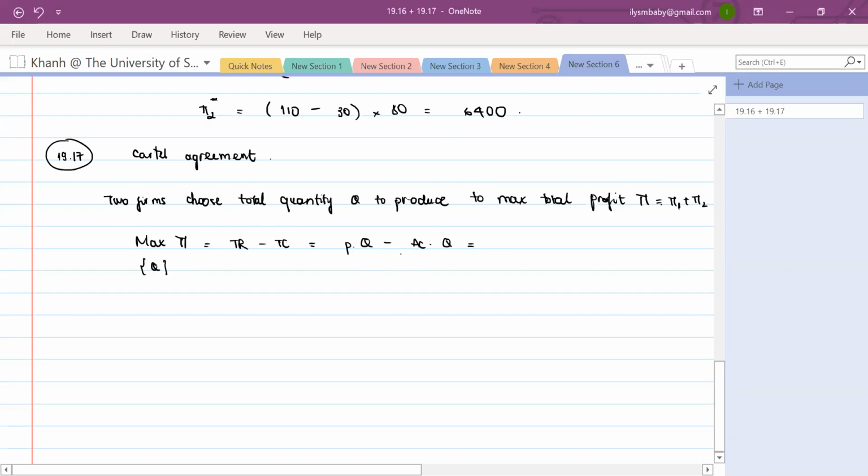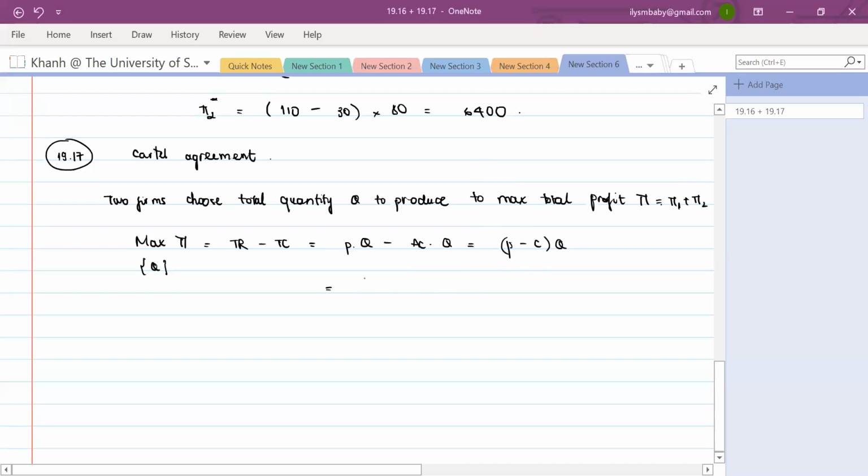In this case, because the two firms have the same marginal cost, the average cost is just equal to the marginal cost, which is C, equal to 30. So we got P minus C, everything times Q.